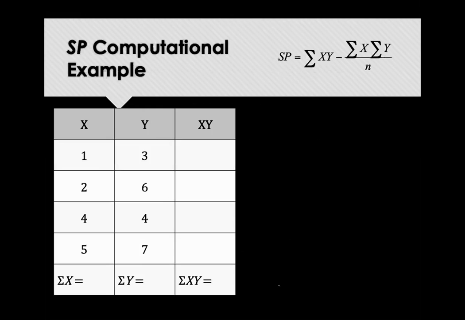So here is a computational example where, again, we have the same 4 individuals. And so n here is going to be 4, not 8, because there are 4 pairs of data or 4 individuals where we are measuring 2 different variables, right? I think, what was this?